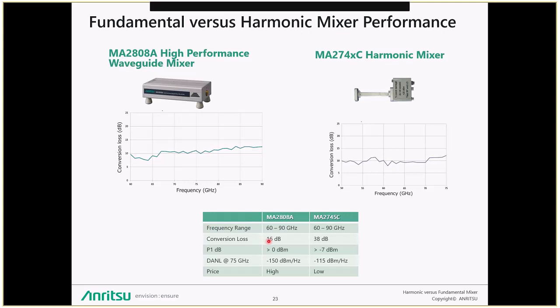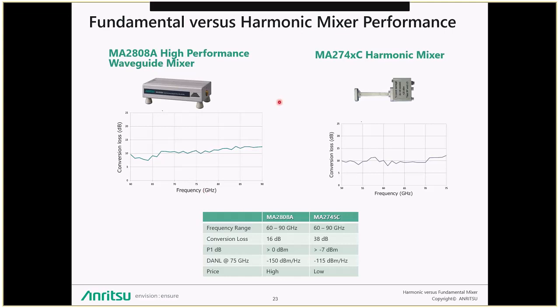But if we take a look at the conversion loss, we can see that the fundamental mixer has 20 dB better conversion loss. Also, the 1 dB compression point is much better in the fundamental mixer. And last, the DANL also has a better performance in the fundamental mixer. So this will give us a much better behavior in the fundamental mixer than in the harmonic mixer.